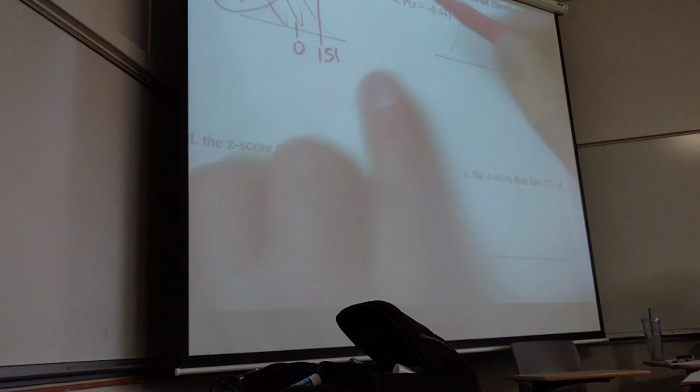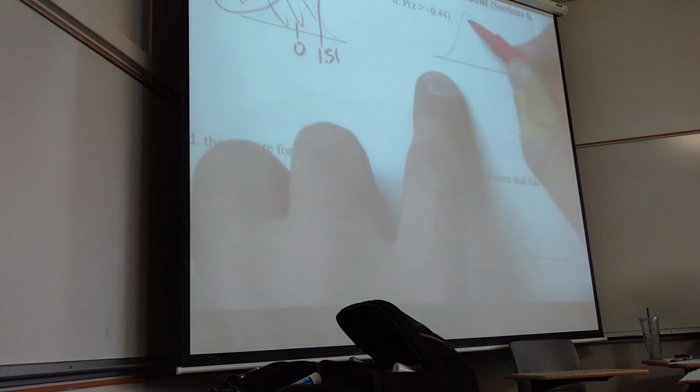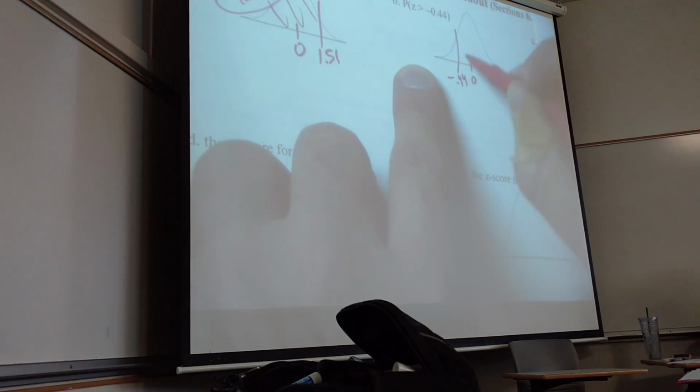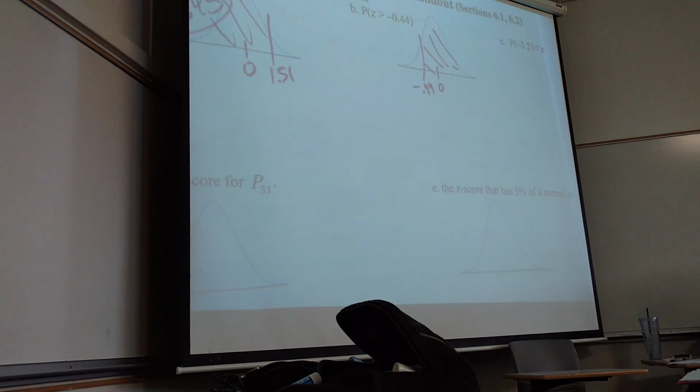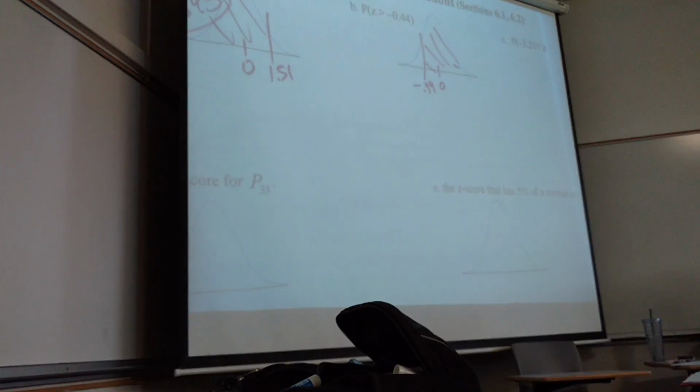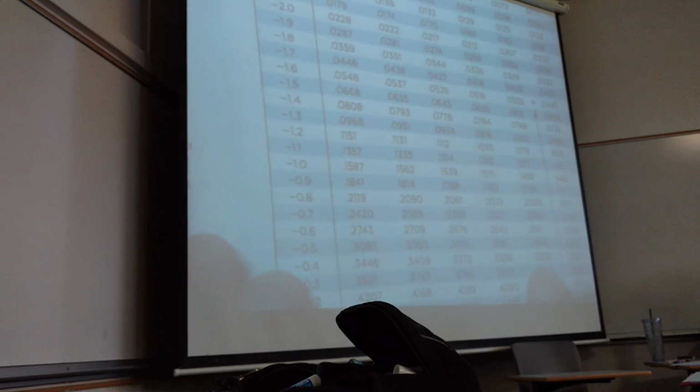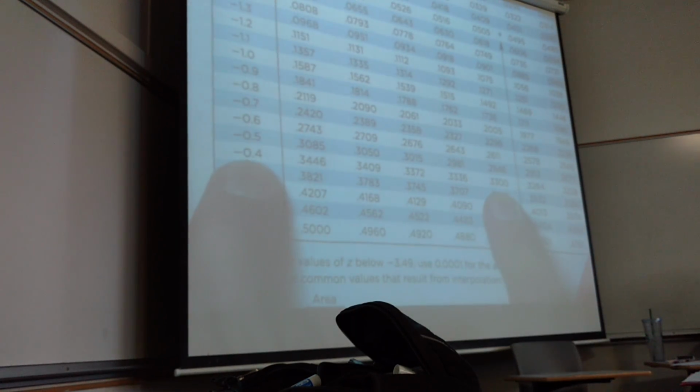The difference between that one and this one is, one thing is it's negative 0.44, so it's going to be down here. And the area above it, the chart doesn't have a clue about the question that I'm asking on this. When you look up negative 0.44, you will always find the area below.